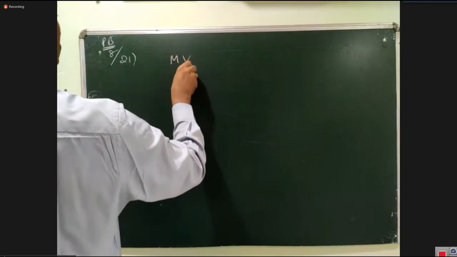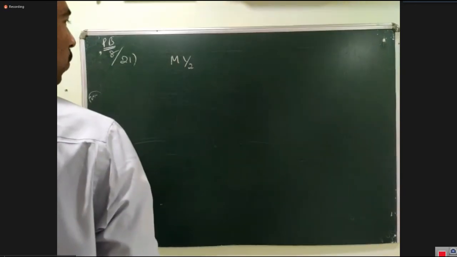Equivalent weight of metal M is 12. Find the equivalent weight of Y in the compound MY2. The molecular weight of MY2 is 36. The compound is given as MY2.